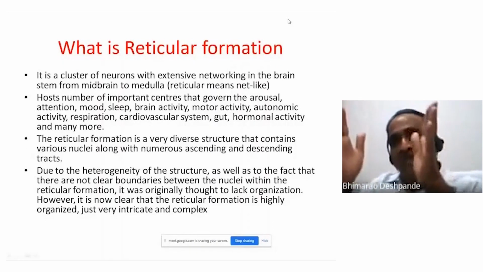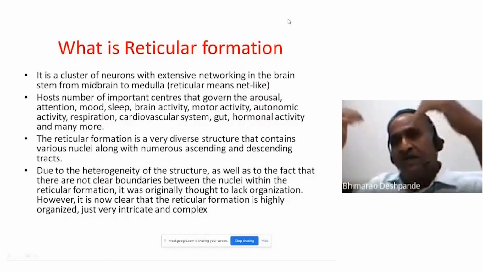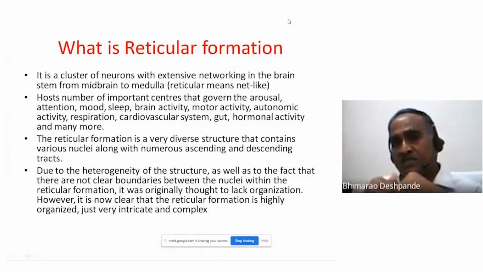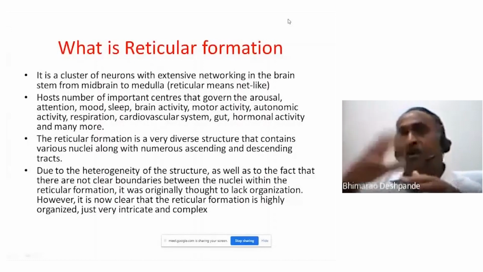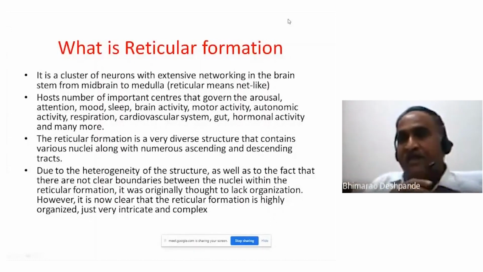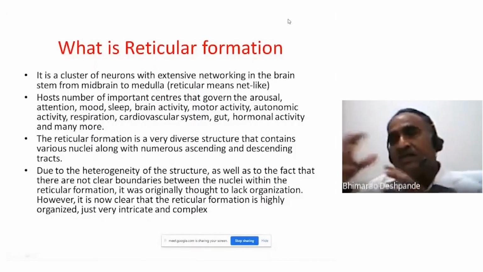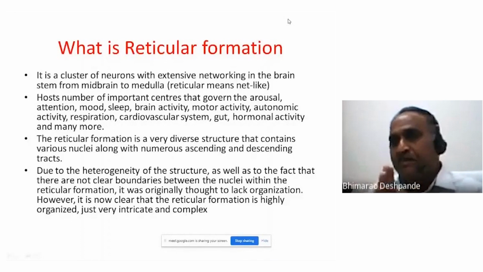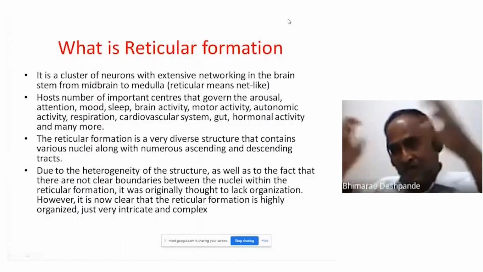All of them give what I call a collateral, a connection to this. And these will form a networking, and in this networking they will have certain nuclei embedded. So now it is a cluster of neurons present in this extensive networking.